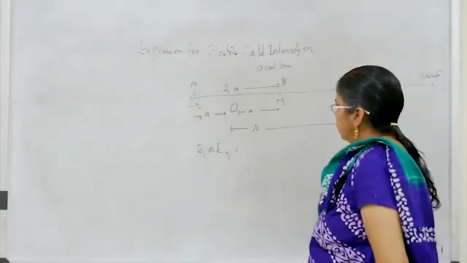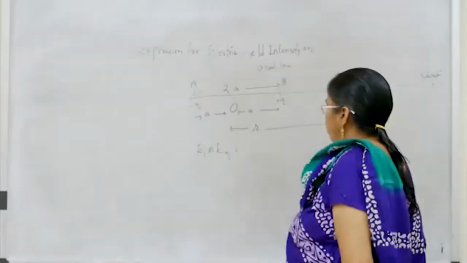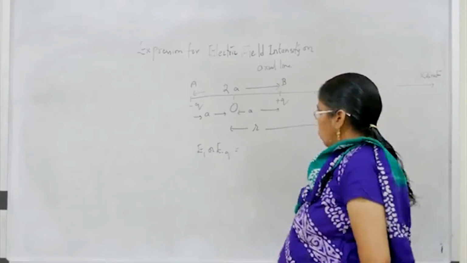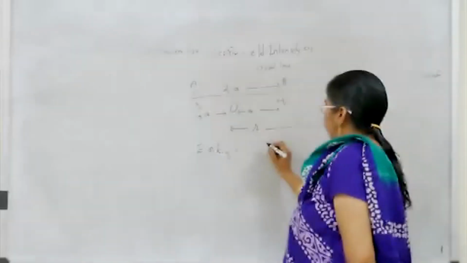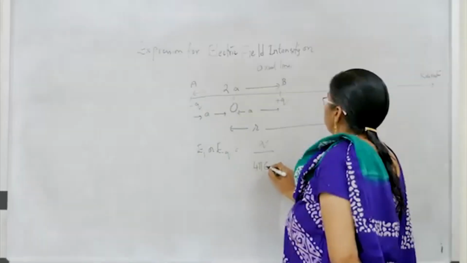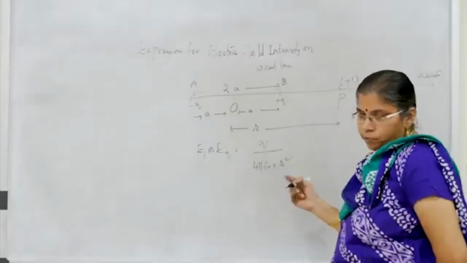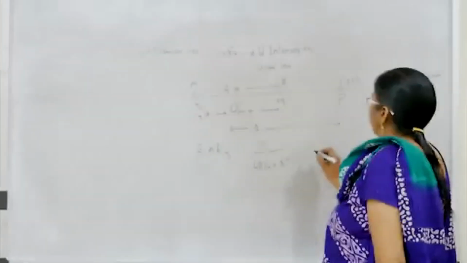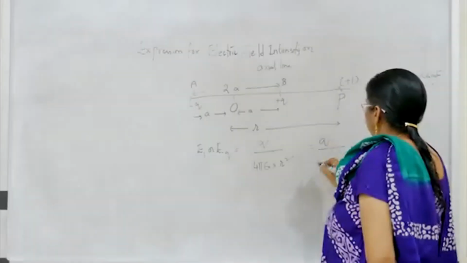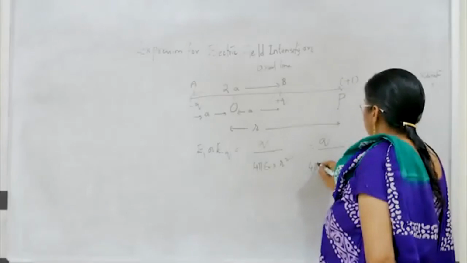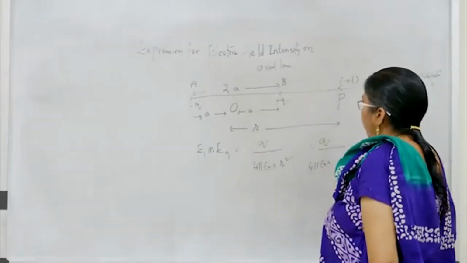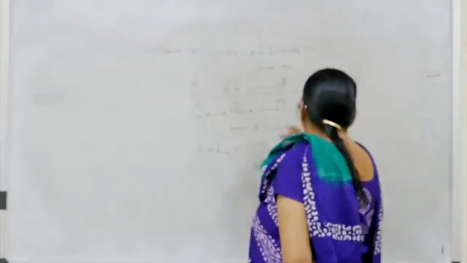Means the electric field intensity for E1 is given by, or you can take it as E minus Q. I use the formula Q by 4 pi epsilon naught into R square, which I have derived previously. So I take it as Q by 4 pi epsilon 0, and I want this distance AP square.